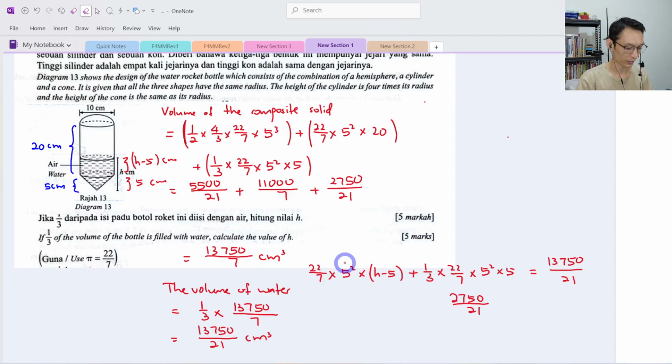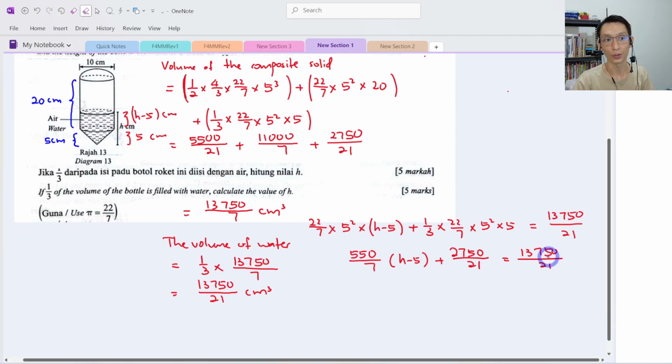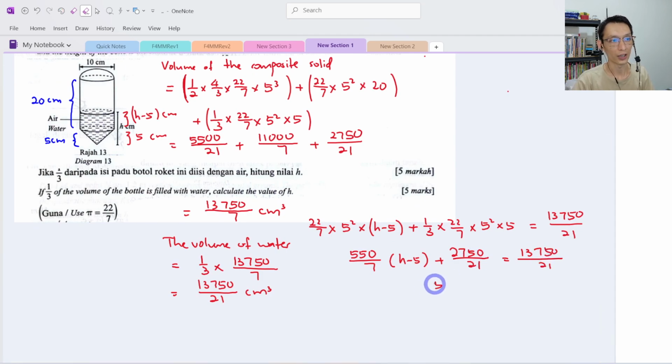Okay, how about this one? 22 over 7 times 25, which is equal to 550 over 7 times h minus 5. So this is equal to this minus this, right? 550 over 7 times h minus 5 is equal to 13750 over 21 minus 2750 over 21.